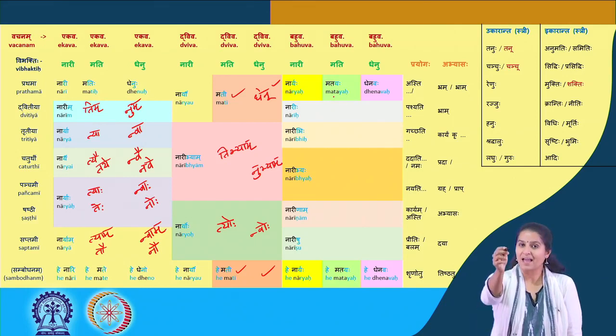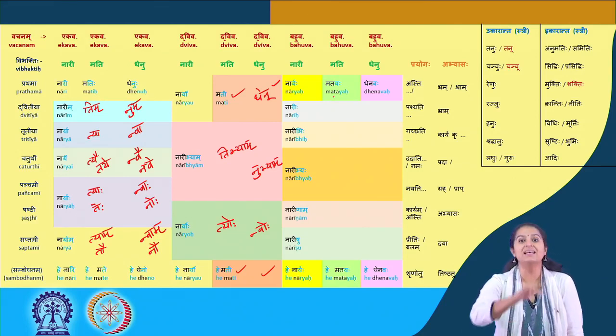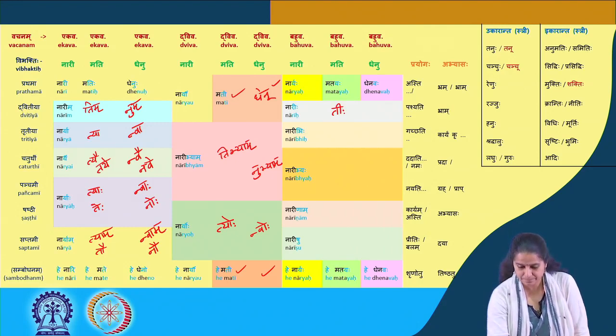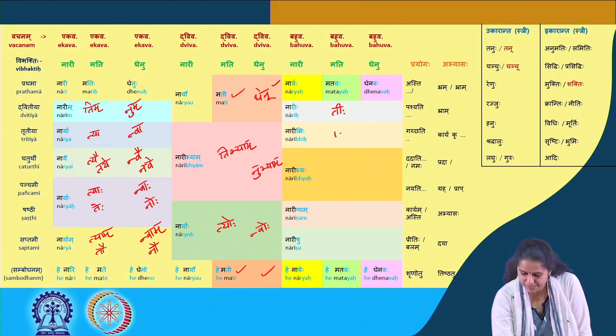So matayaha, what was the logic for the second case? Lengthen the vowel, put a visarga for the feminine. So matihi, uttamam. Matihi, then matibhihi, uttamam. Then matibhyaha, uttamam.